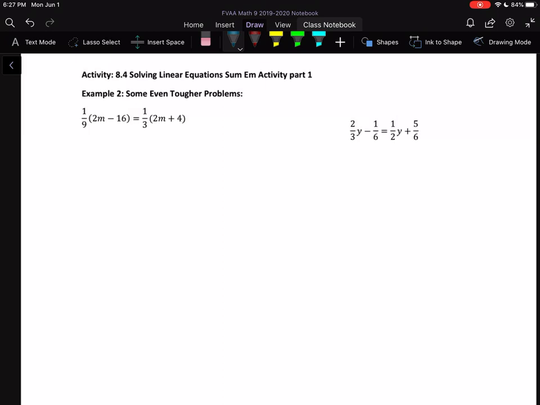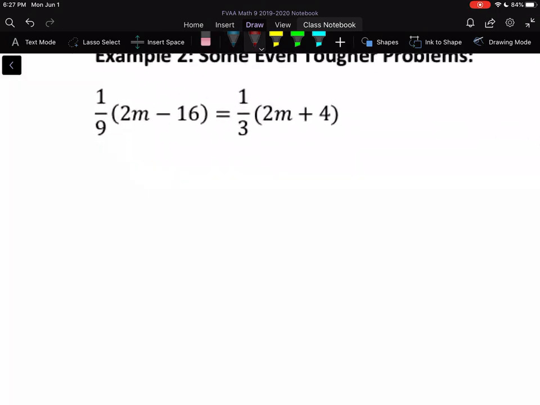Now we're looking at some tougher problems here, largely tougher just because they are dealing with fractions. But in some of these questions, you can actually deal with these fractions quite nicely. So for example, here, I'm not going to distribute the fraction inside of the brackets for this question.